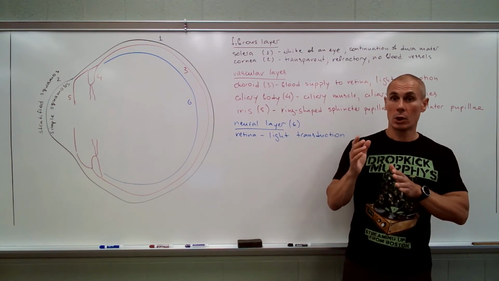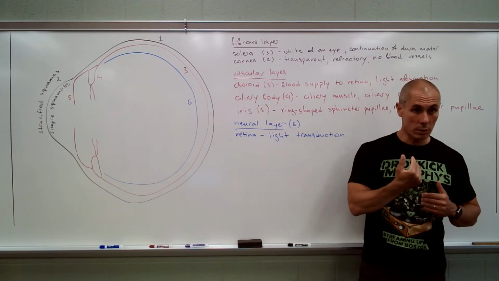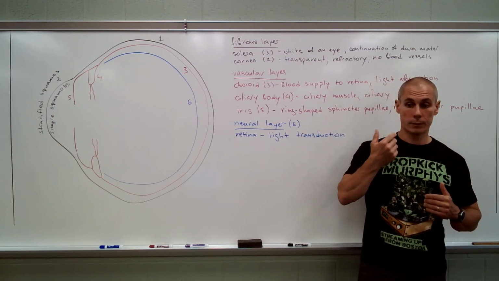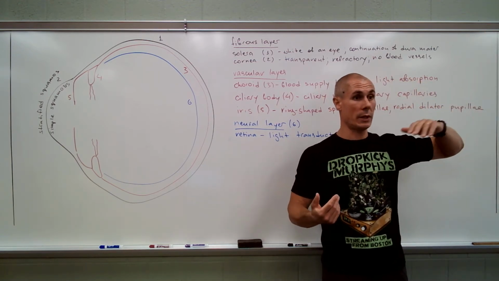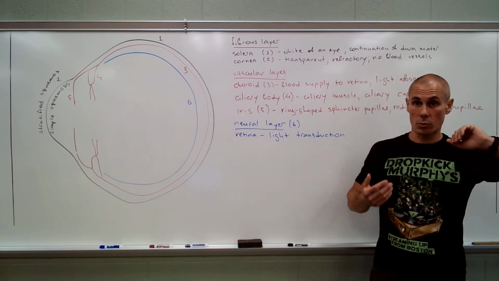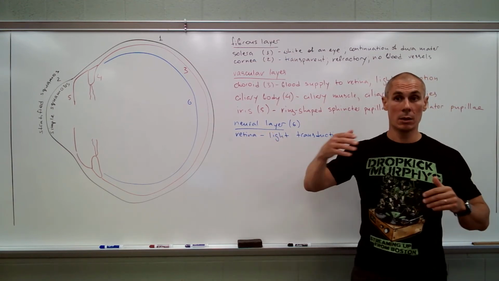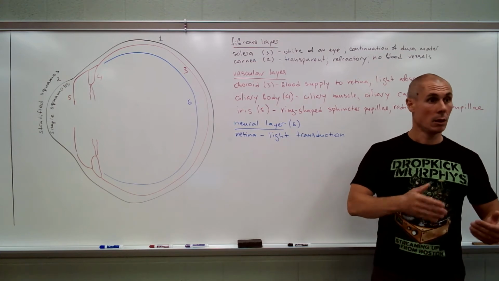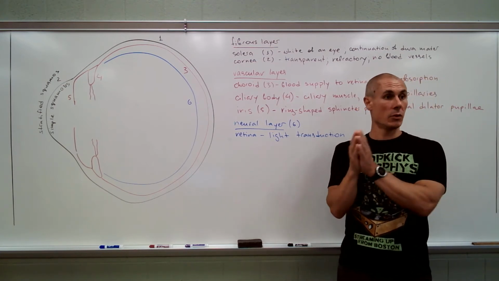So when you see something, it's light that comes into your eye, and your retina absorbs light and manages to convert it into some kind of electrical signal in the nerve.